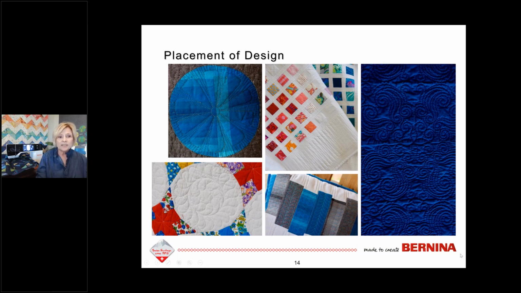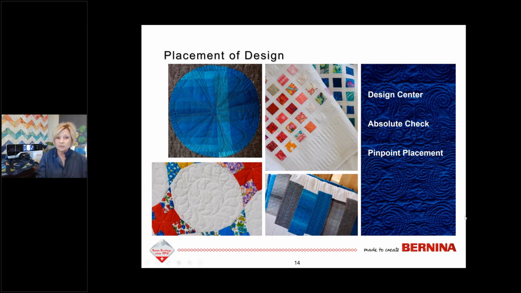For my placement, for all of the quilts that I have worked on, I use 3 features or methods of placing. One is simply finding the design center. You can do so much with just knowing how to locate the center of that design. Absolute check is another feature that I use a lot. Both of these features are on many of our BERNINA embroidery machines that go many years back.